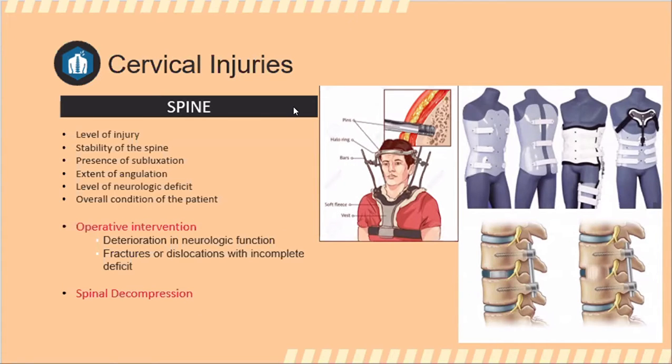Another indication is if there's fractures or dislocations with incomplete deficit. So the repair is aligning, if there's subluxation, problems with angulation, or fracture. Most of the time what we do is just realign them using plates and screws.